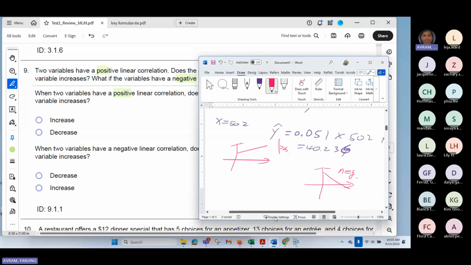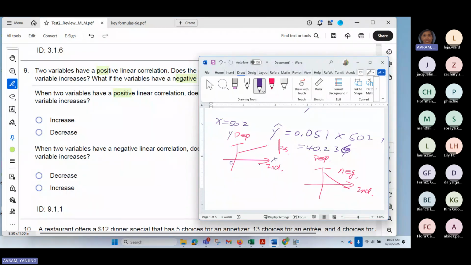Good. What does that mean? The x-axis, horizontal, we call independent. The y-axis we call the dependent variable. So when the independent variable increases, that means going from left to right, right? This is x, this is y.